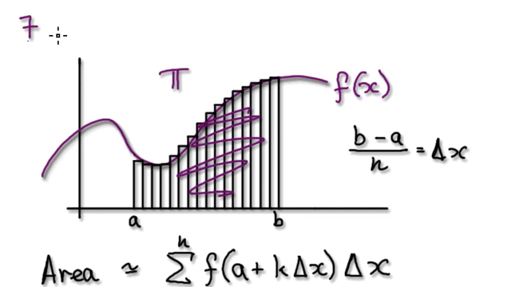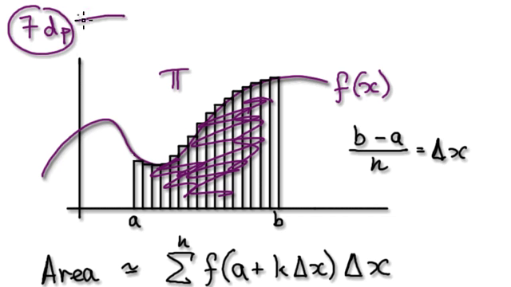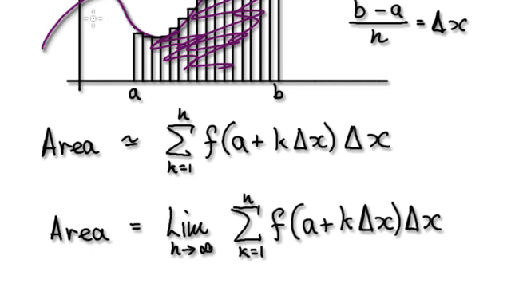Let's say you want the area correct to 7 decimal places. Then I am 100% sure that I can get to within your degree of accuracy by increasing the number of strips.